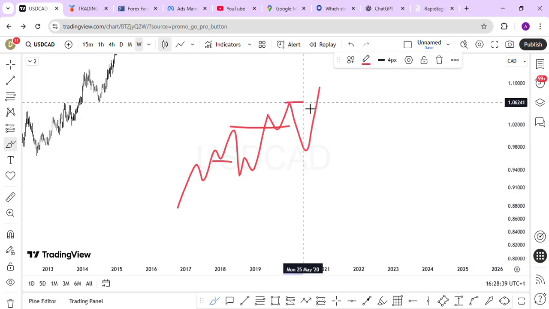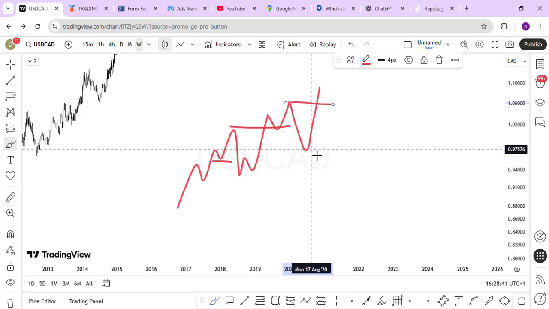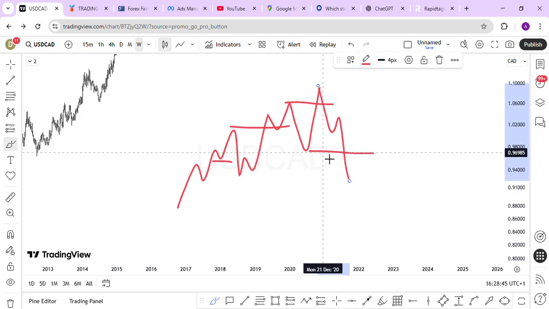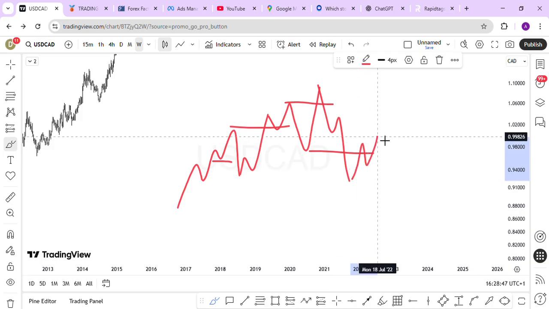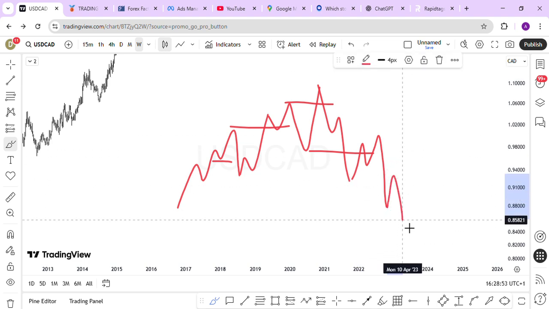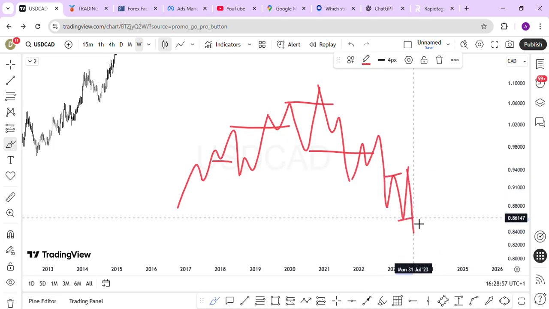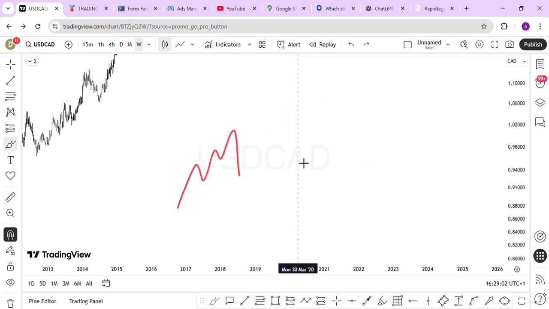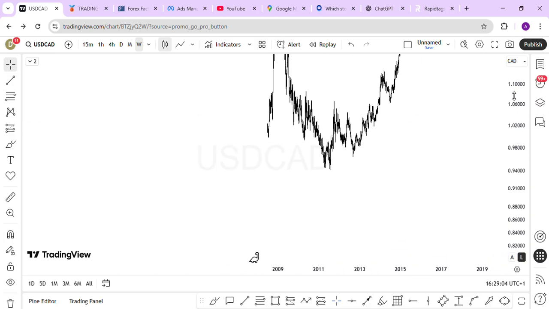Any break below here with a candle close is a change of character, and that shows the market is telling us it's going down. So this is not a break of structure. We need to wait for the market to create a valid pullback, then close below before we mark break of structure. All of that is in my previous video; you can watch it and you will see.